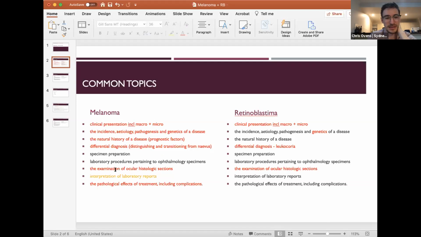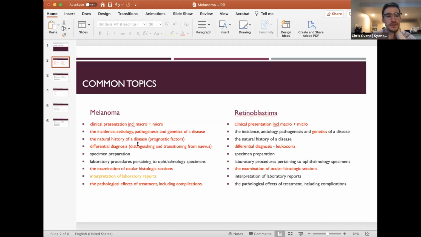Specimen preparation comes up a fair bit in the examining slides at the end. There was one question on interpreting lab reports, but that was really just code for prognostic factors. So I'll put that in orange. And then a fair bit on radiotherapy and the pathological changes post-treatment from that. And the complications.